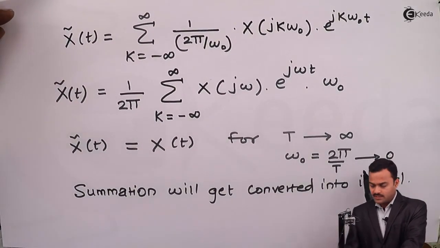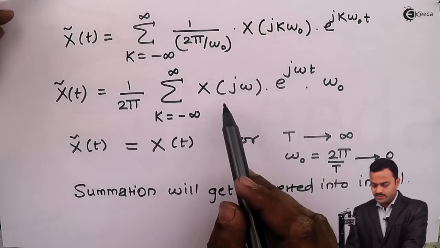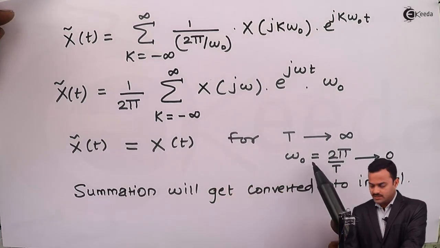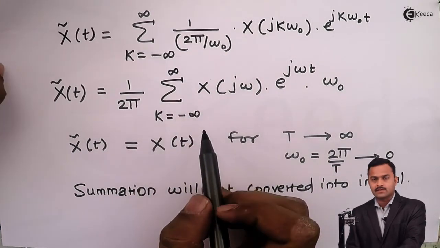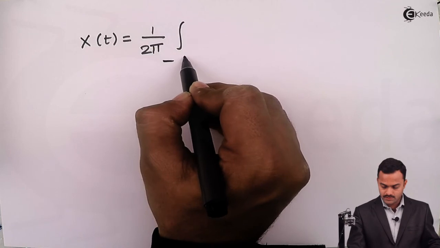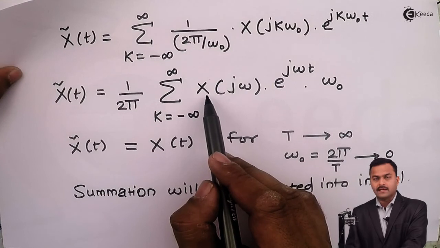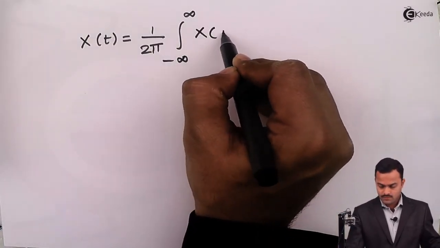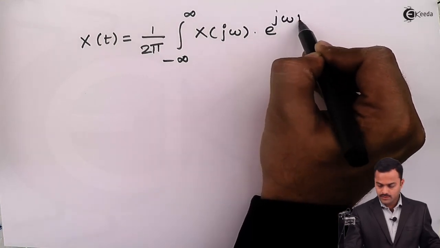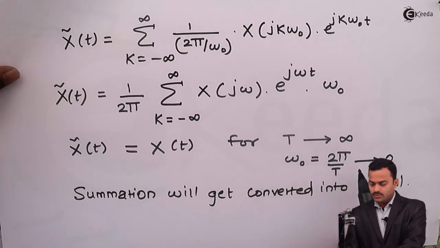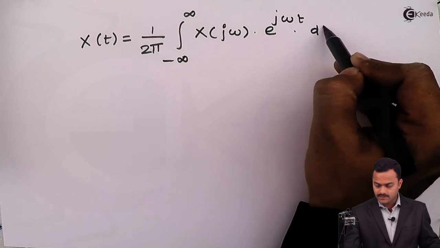Because all the exponentials are very close to each other, since omega 0 tends to 0, this summation gets converted into integration with limits minus infinity to infinity. X of j omega into e raised to j omega t will remain as it is, and since omega 0 tends to 0, that term won't be there, and we get an integration like this.